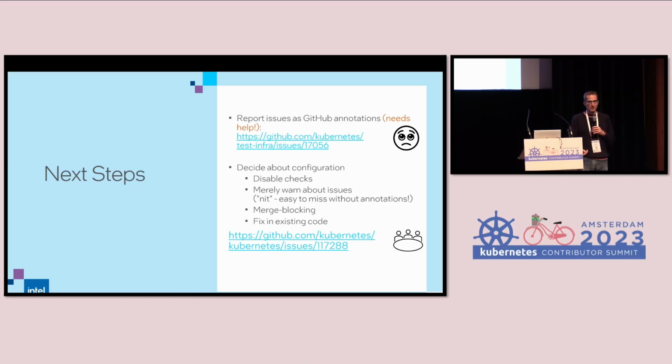It has to, otherwise we can't make it merge blocking, or we basically would just have to rely on people reading the text output to find these nits, and no one will do that. So we are currently kind of limited with what we can do in our configuration. It basically has to only be issues that we really care about that need to be fixed. We can't do this intermediate level where we just point them out, because we have no good way of pointing them out in the UI of GitHub. But perhaps one month from now we will have. So it's a viable option.